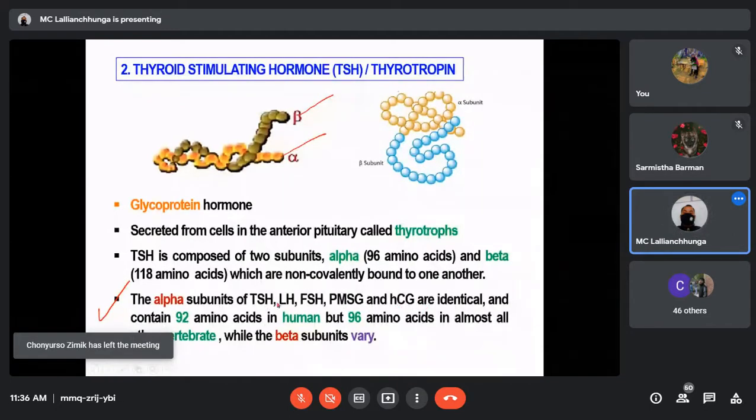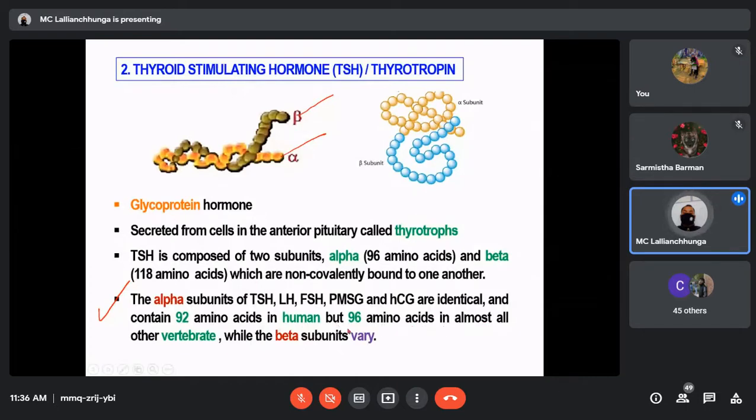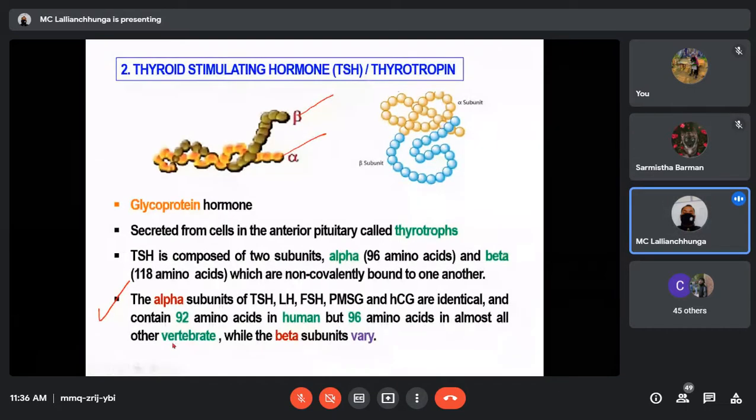This alpha subunit is similar in all these hormones, and contains 92 amino acids in human, but 96 amino acids in almost all other vertebrates. So in human beings, this alpha subunit consists of 92 amino acids, but in other vertebrates, it is around 96 amino acids. But you see, the beta subunits vary. They are not identical. The beta subunits of all these hormones are different.